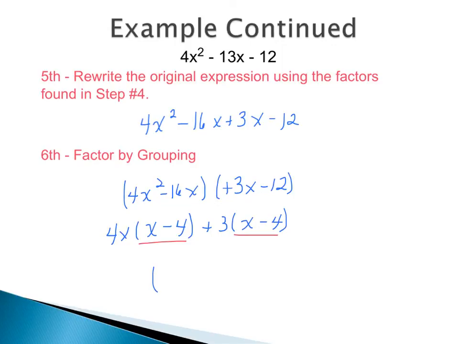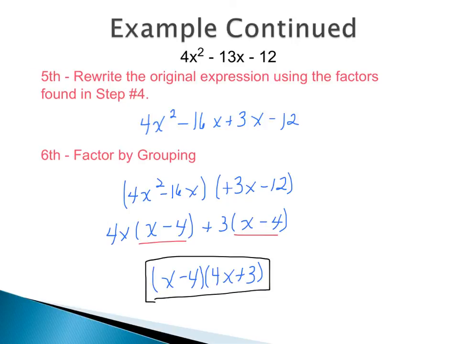So we have x minus 4, and then our second factor of 4x plus 3. So this would be our fully factored form if we have a situation where we have a leading coefficient with our trinomial. So it is more steps. The alternative to doing this factor by grouping or the AC method is to use trial and error, which is perfectly fine as long as you understand how to do that.